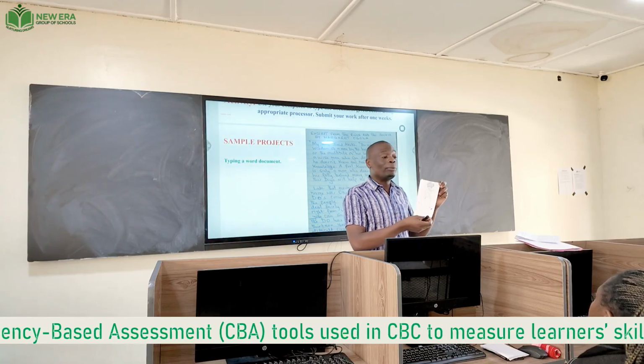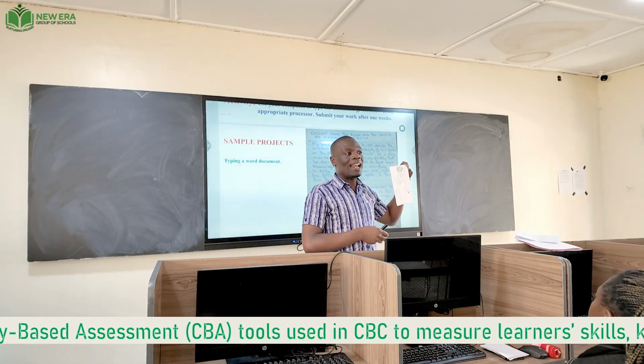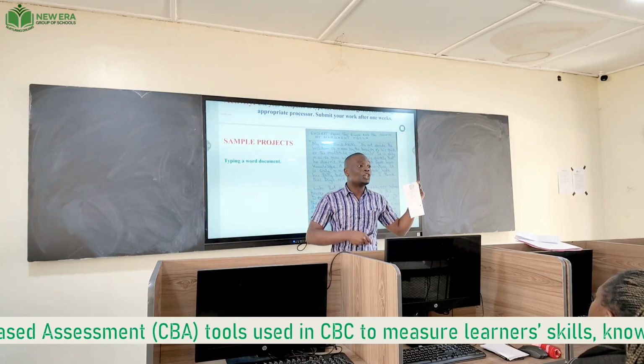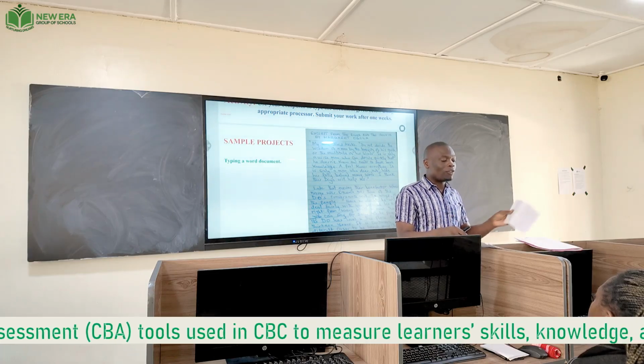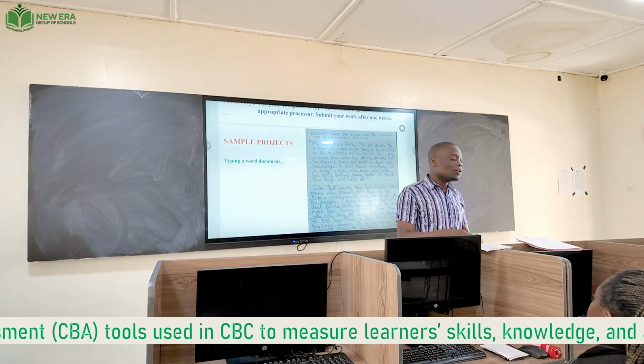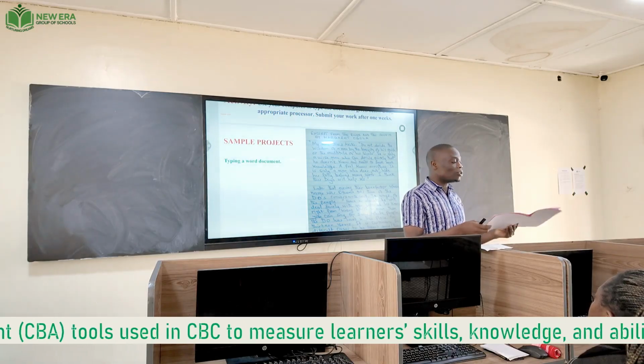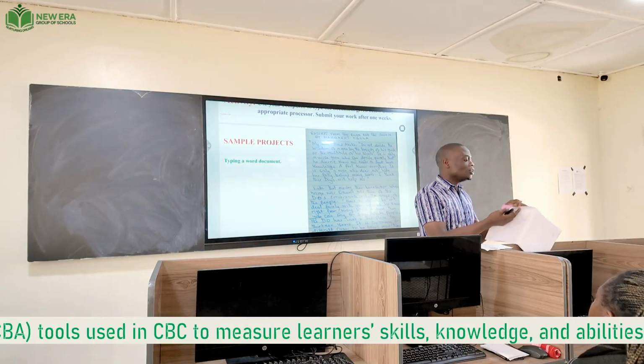So that one will be put in the anecdotal record, and now the teacher will be able to give possible recommendations for other learners to emulate, or for the teachers to support the learner in drawing.